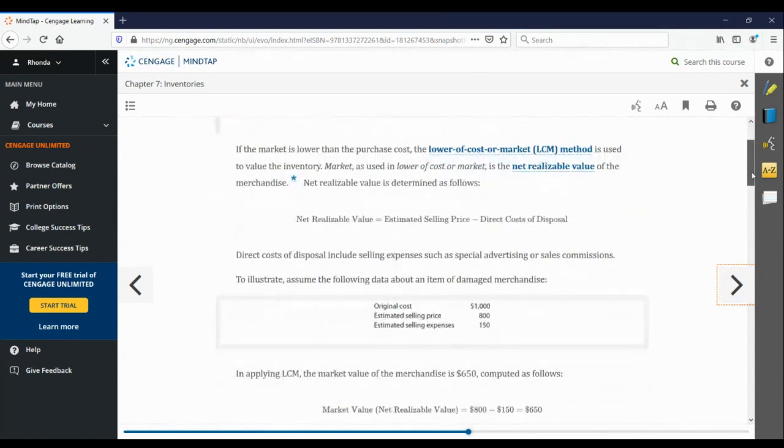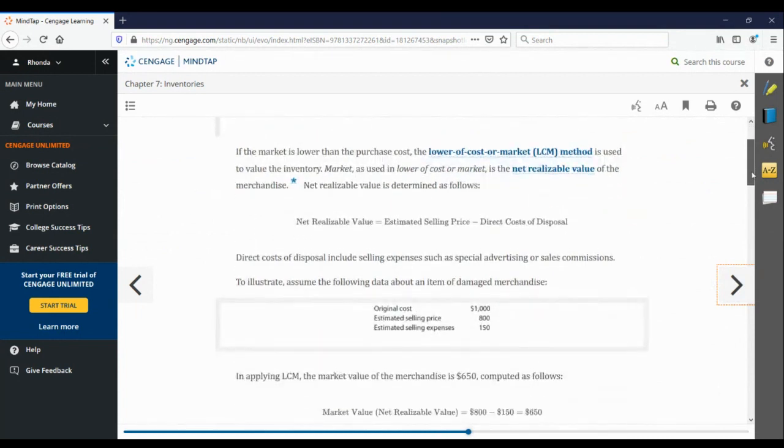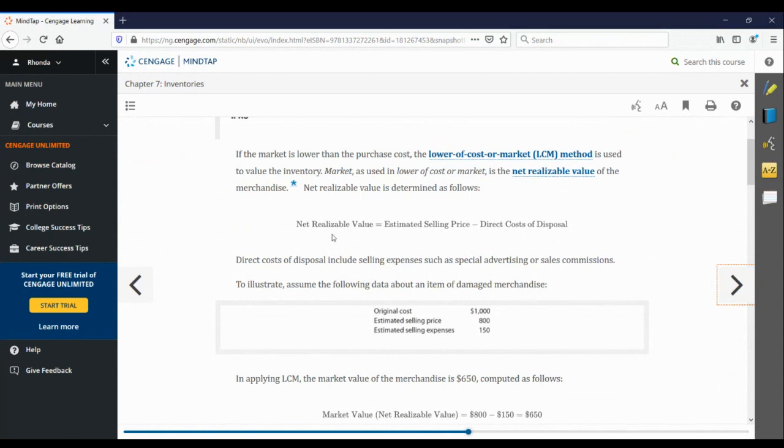And when we talk about the lower of cost or market method, one of the first things that we need to look at is a formula that they call the net realizable value. The net realizable value of the merchandise is sometimes what we also refer to as the market value of the merchandise at the point in time that we are looking at the lower of cost or market.